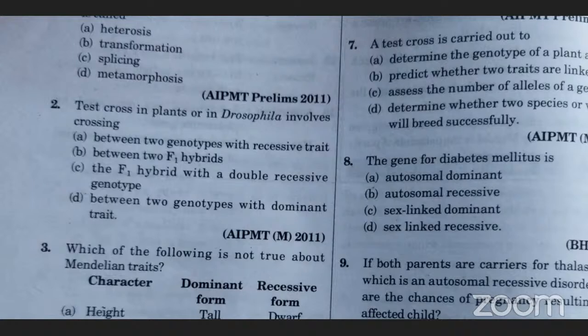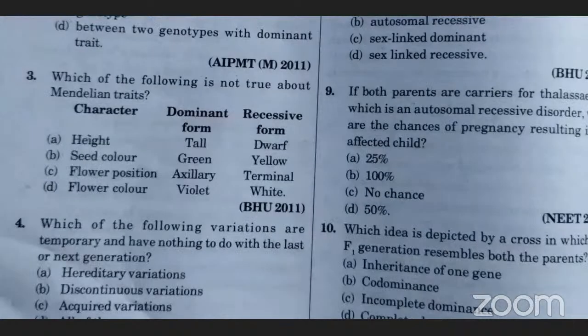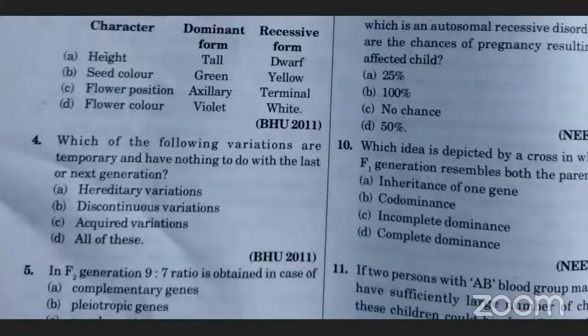The next question, one by one. Any one we can discuss. The fourth one: which of the following variations are temporal and have nothing to do with the next generation? Hereditary variation, discontinuous variation, acute variation, or all of those.